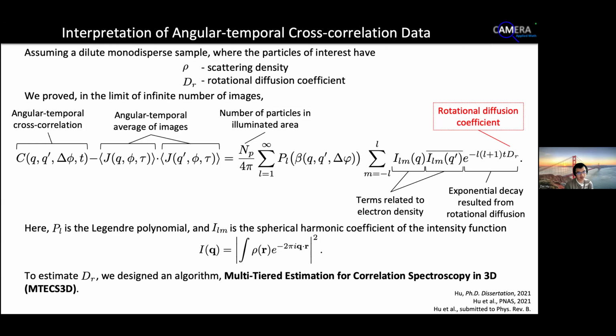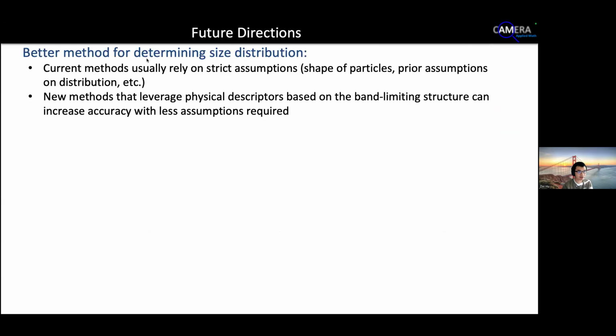That's actually the next step we want to, let me find that page. Yeah, so this is one of the next steps: we want to get the size distribution. So we want to extend the current framework from monodisperse sample to polydisperse sample. By doing that, we should potentially get a distribution of different rotation diffusion rates.